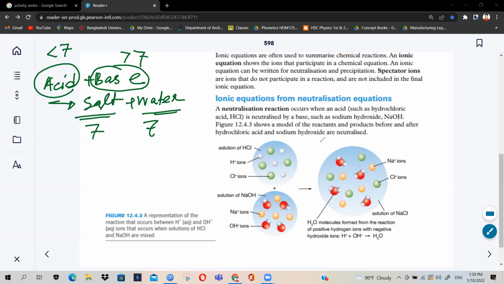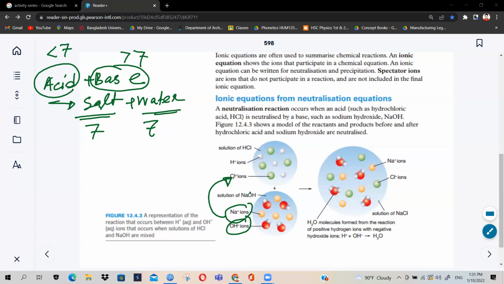In a solution of HCl, we can see that ions have been distributed like H+ ions and chloride ions. Whenever we add sodium hydroxide, it will be distributed as sodium ions and hydroxide ions as well. As we know that positive attracts negative, sodium will bond with chloride. Tell me, how has sodium been able to replace hydrogen?